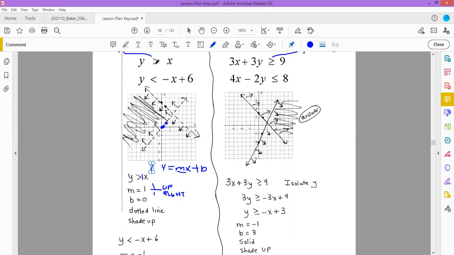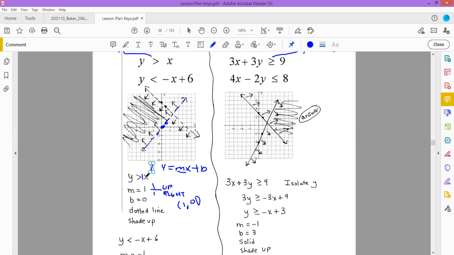Now look at our symbol. We have a greater than symbol, so we connect those points using a dashed line. And now we need to determine if we're going to shade above the line on the left or below the line on the right. We can't use 0, 0 as our test point because 0, 0 is a part of the line. So we'll test using 1, 0, which is below the line.